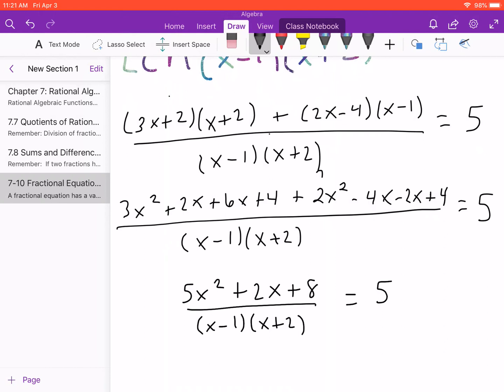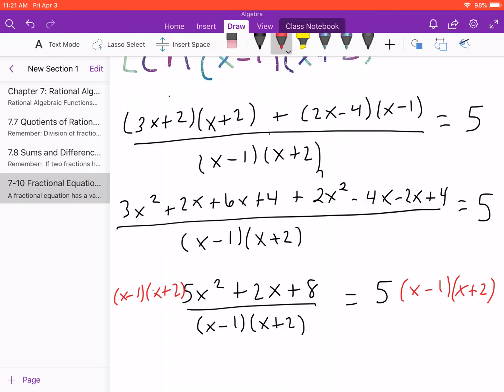Now, this problem looks a lot like our first example, where we need to cancel that denominator. In order to do that, we're going to multiply both sides of the equation by our least common multiple. On the left, we're going to multiply x minus 1 times x plus 2.